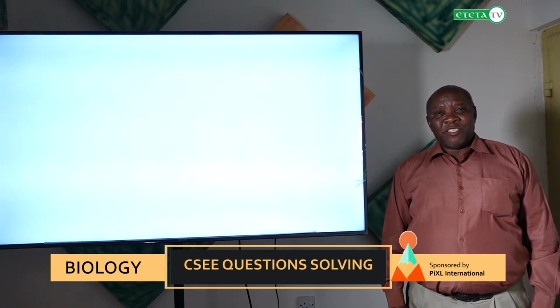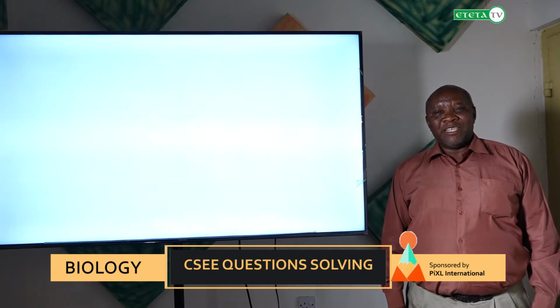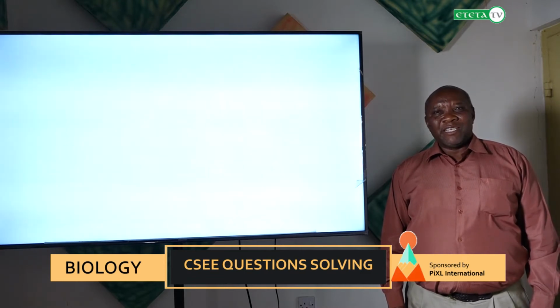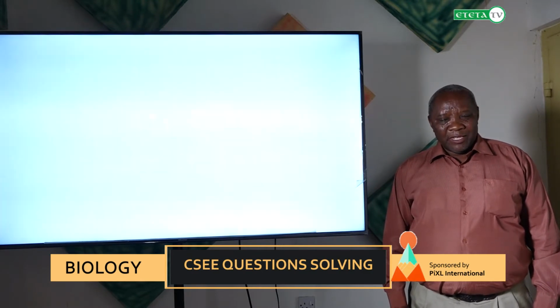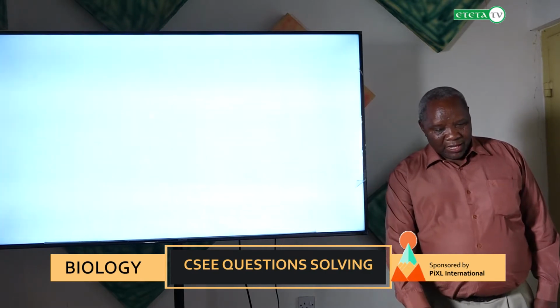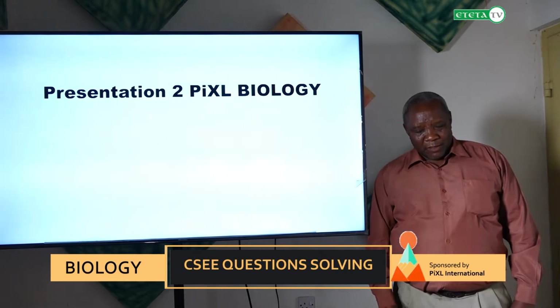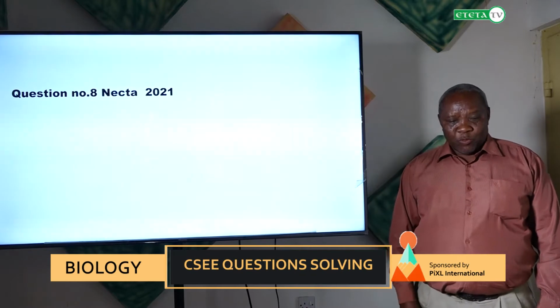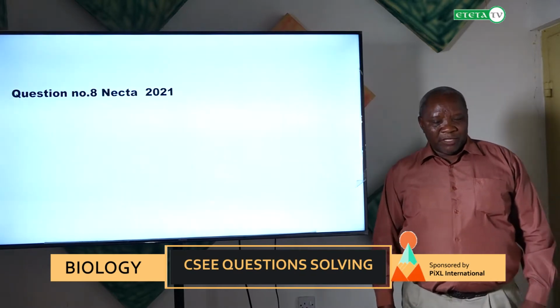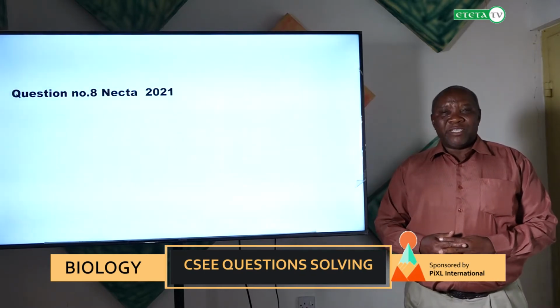The presentation today is about how to attempt questions on the national examination. The subject we are going to talk about is biology, specifically question number 8 in the NECTA 2021.